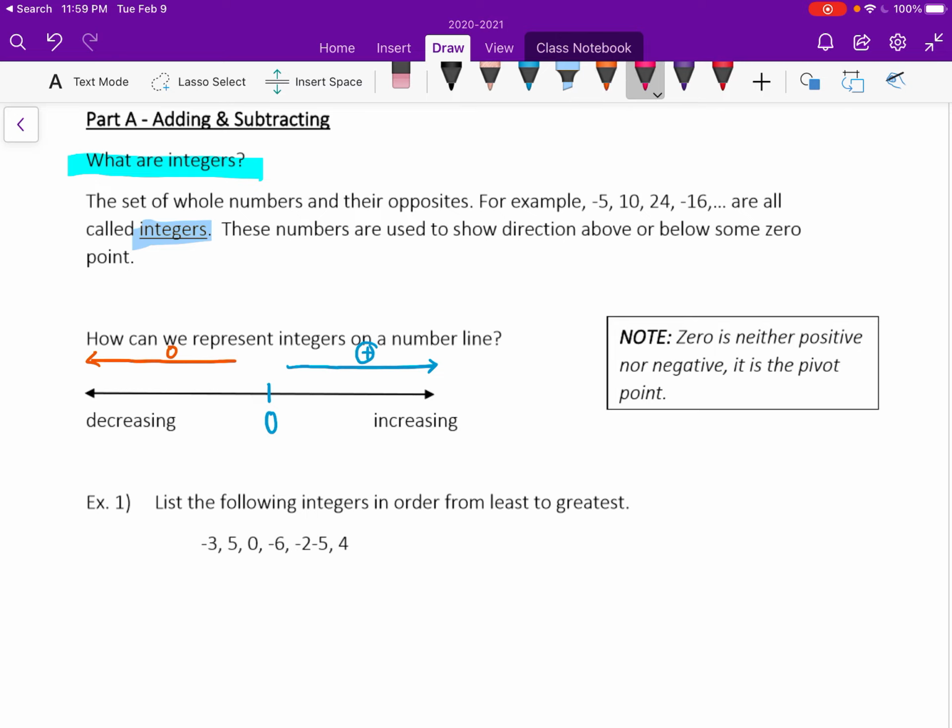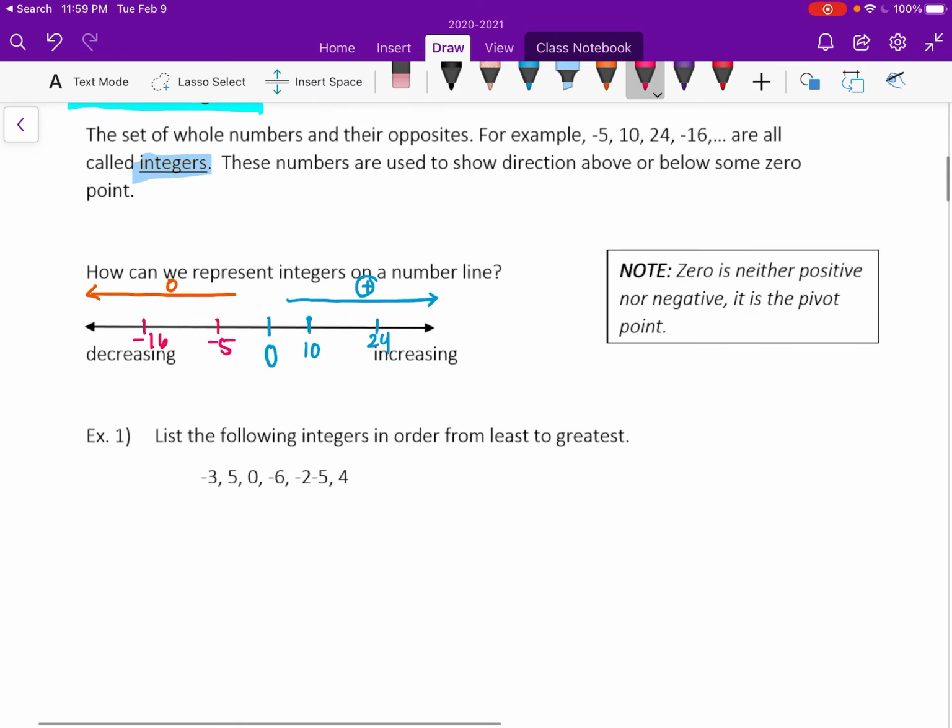So if we have some 0 value, and we're increasing our numbers, on this side we could put 10, on this side we could put 24. On the other side we could put -5 and then -16, because -16 is actually less than -5 because it's going in the opposite direction.